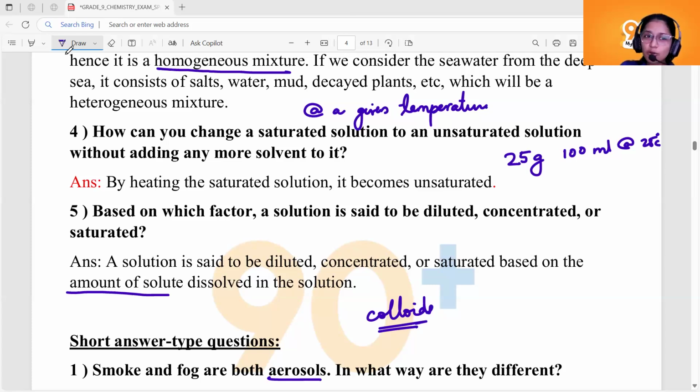Okay. So aerosols, like we know, are a type of colloids.